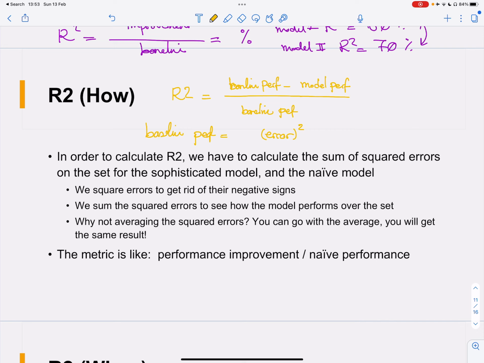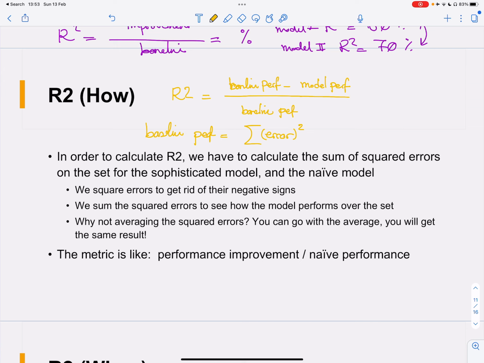And then we sum it up over all the cases in our data set. You might want to divide it by the number of cases to have the average, but since for the baseline and for the model, the number of cases is identical because we are working on one identical data set, then the result won't be different.